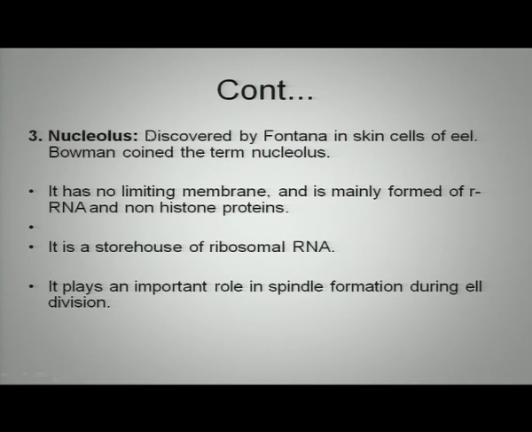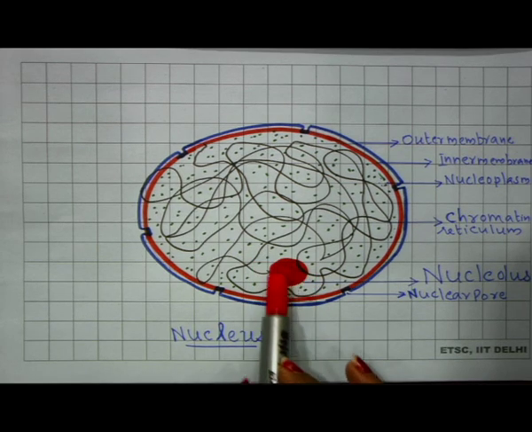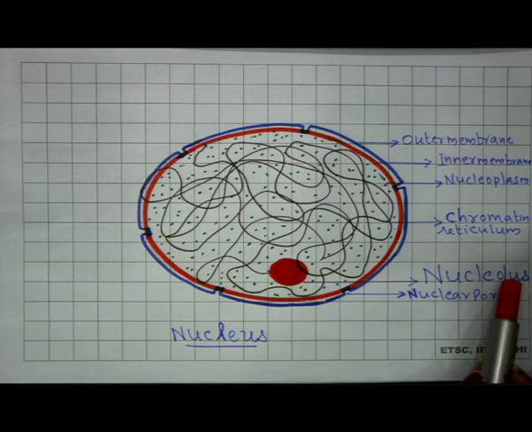Now, coming to the third part, that is nucleolus. It was discovered by Fontana in skin cells of eel, and Bowman coined the term nucleolus. Here in this diagram you can see this spherical structure without any limiting membrane, and this structure is the nucleolus.